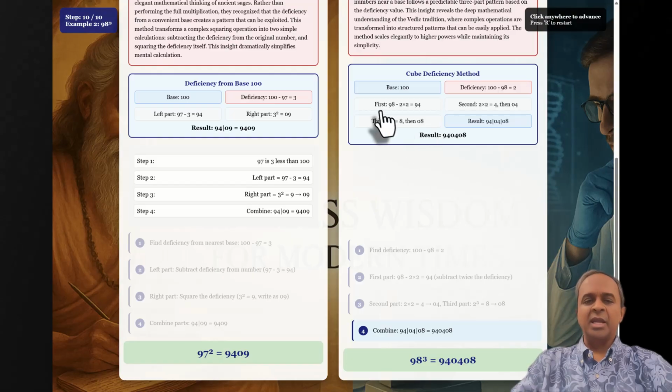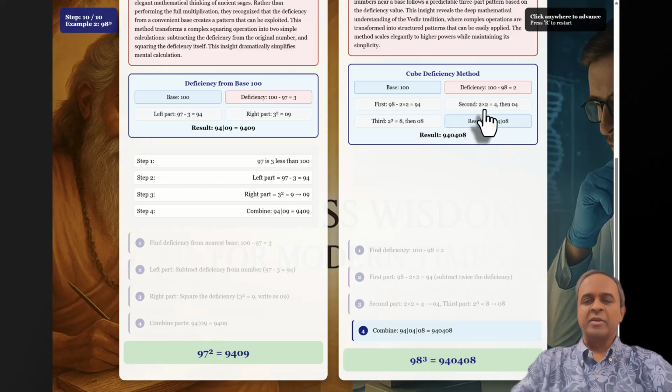So the first part is you take 98 and subtract twice the deficiency because it's a cube. That's 94. The second part is you take the deficiency and multiply it by itself, 4. That's 04. And the third part is you cube it, 8. That's 08.